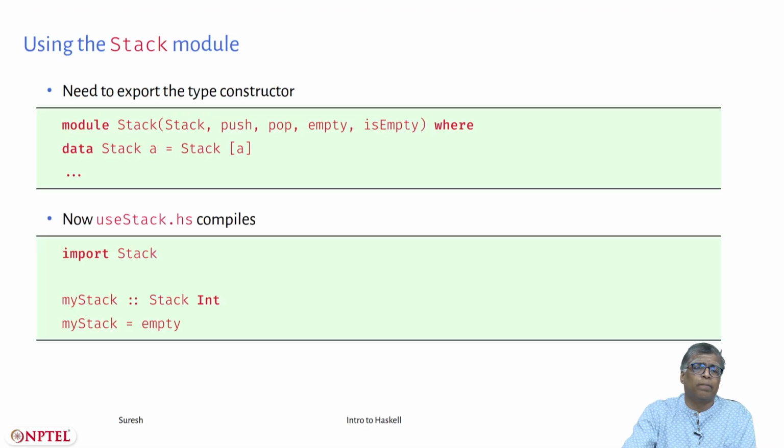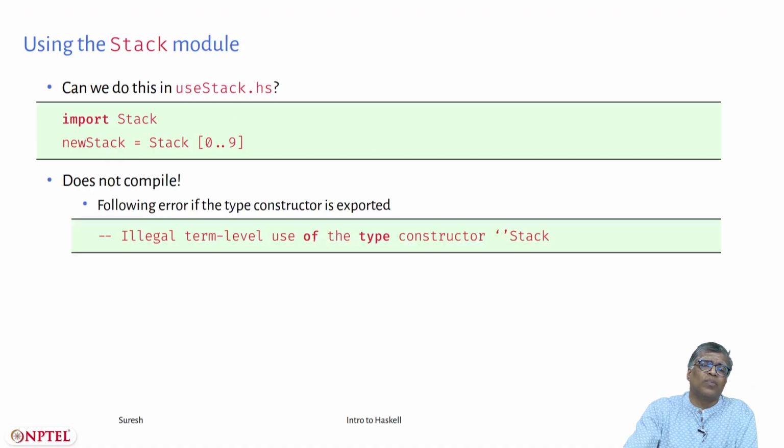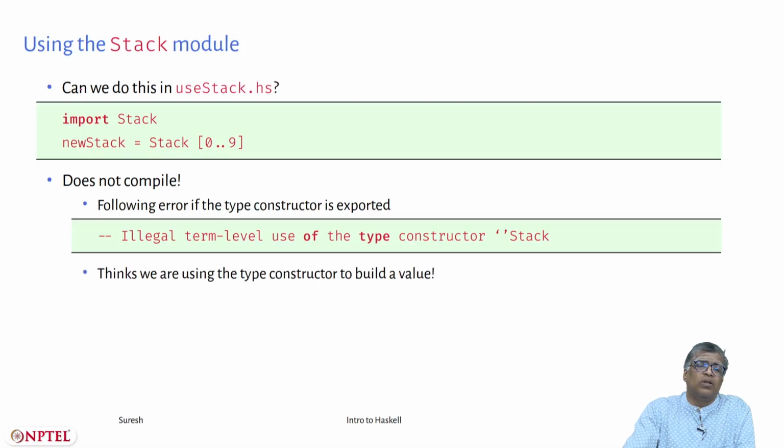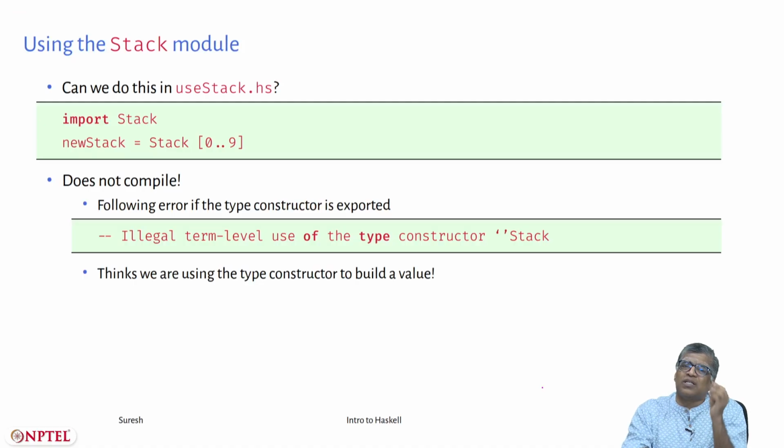Okay, fine. Now useStack will compile, but as I told you, if now I did new stack equals Stack 0.9, it will again complain. It will say illegal term level use of the type constructor Stack. The error message is a little inscrutable, but the point is that the type constructor has been exported, and what it is thinking is that we are using the type constructor to build a value, because all it knows about Stack is that it is a type constructor.